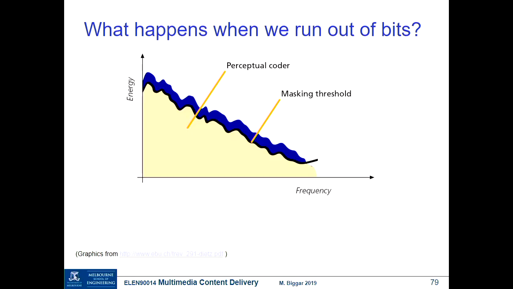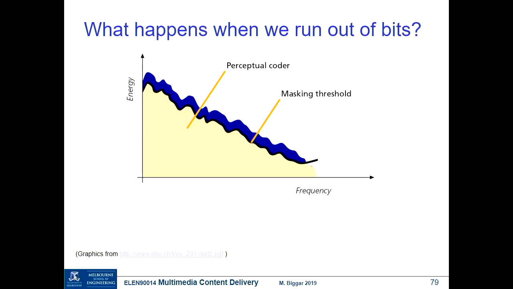This is how a perceptual coder should operate, or one way of looking at it, where we've got our audio envelope, which is the purple there, and we've got a masking threshold, which is the black line, and we don't bother encoding any signal that's below that masking threshold, but we also allow quantization distortion up to that masking threshold.